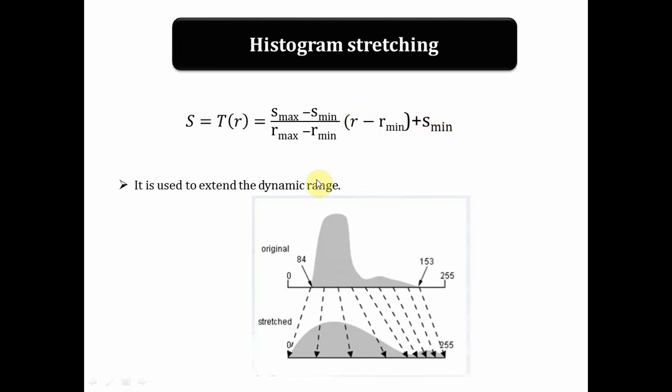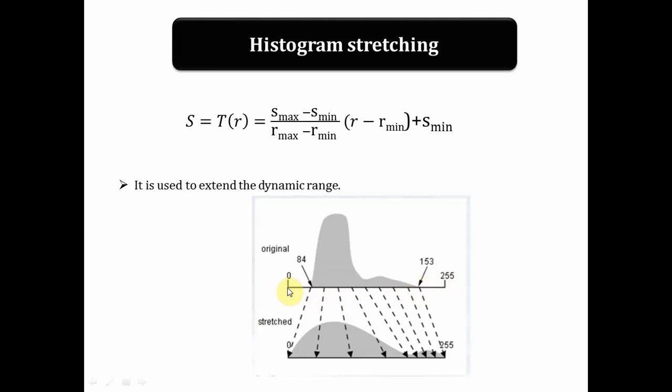Now why do we require the histogram stretching? If we have a histogram which is situated from this region to this region, it is not covering the entire range, that is 0 to 255, that is 0 to L minus 1. It is starting from 84 and it ends at 153.